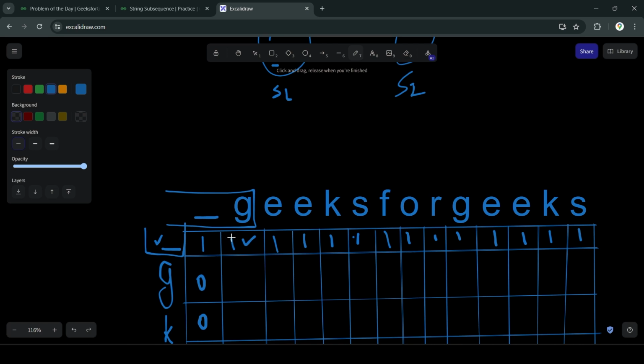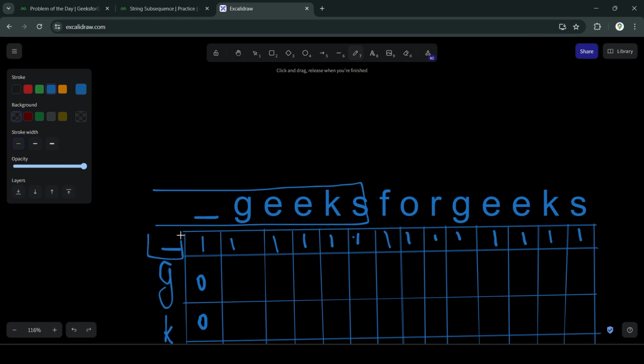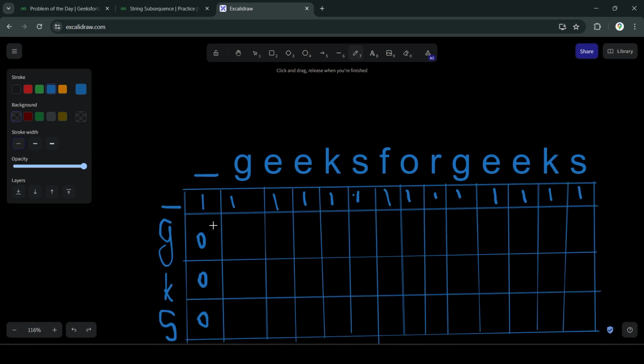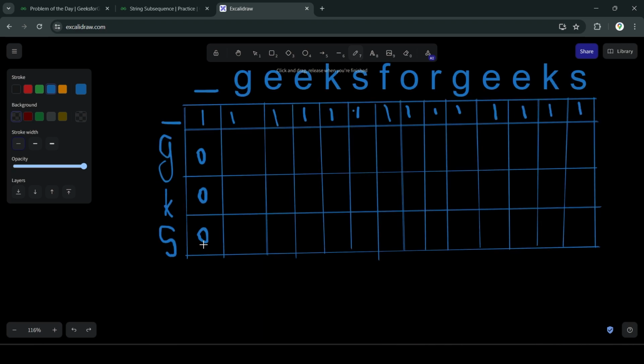Obviously, it is true, so I have put all the ones here. You can take any other example, suppose I am taking this part and this part. Obviously, this null is present here and this null makes a subsequence. So here I have put one. This is why I have put one for the first row.